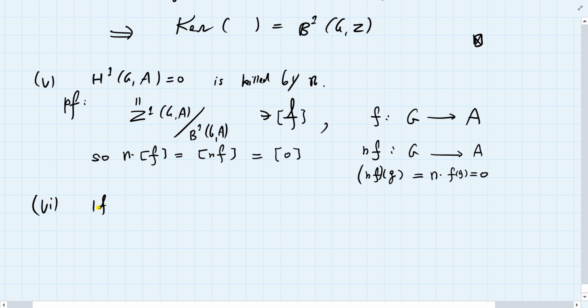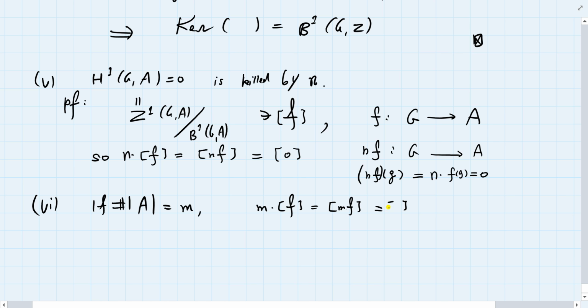This said if A is of order n, then it's also killed by M. It's the same story, just M. Okay, sorry.